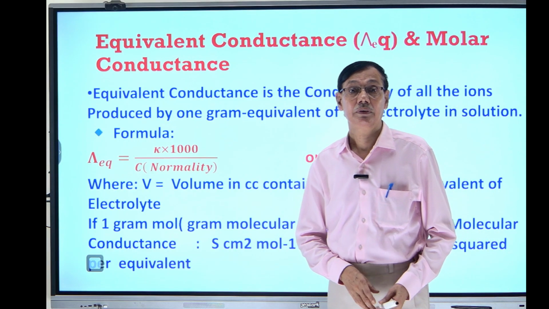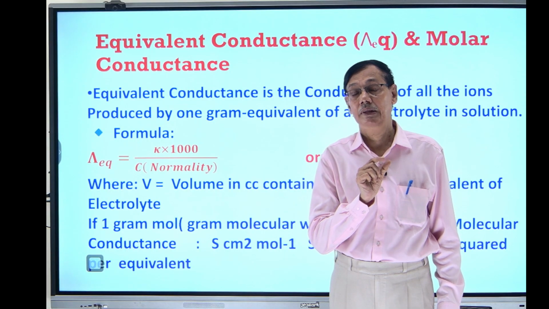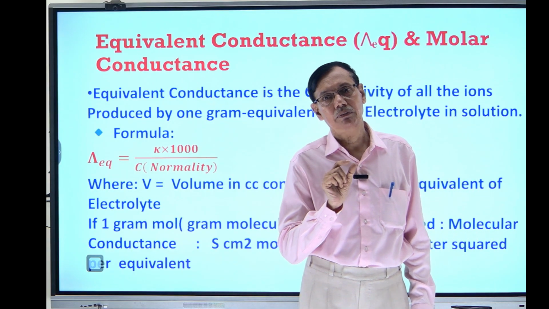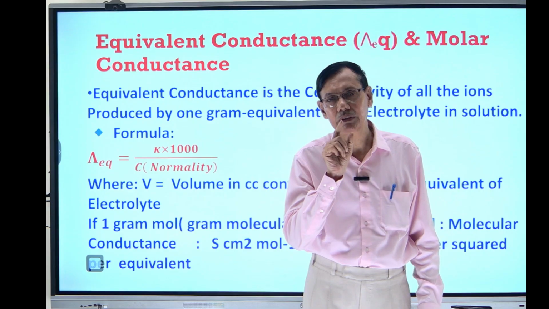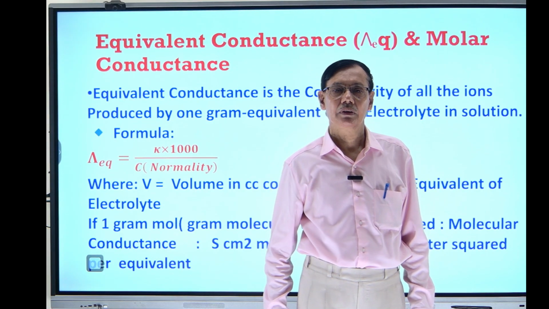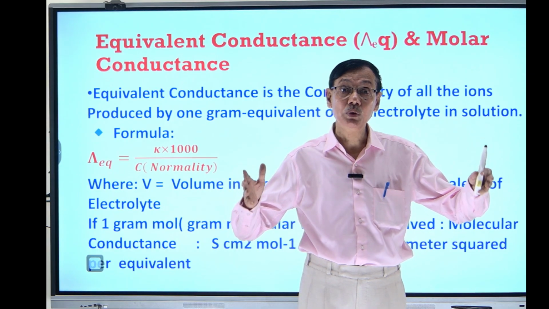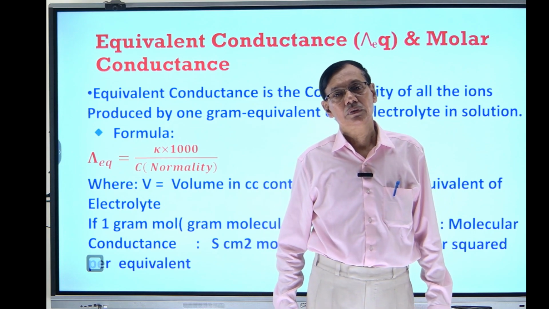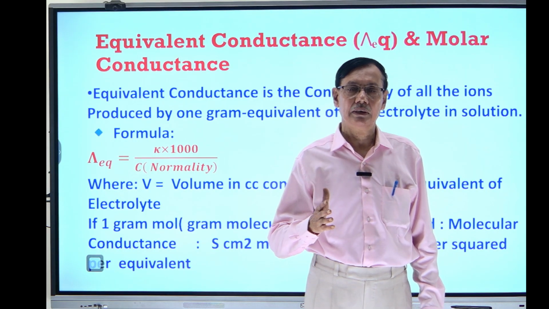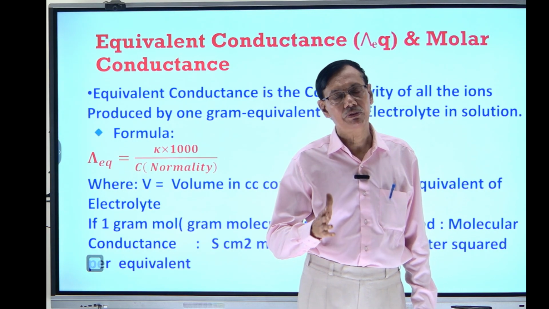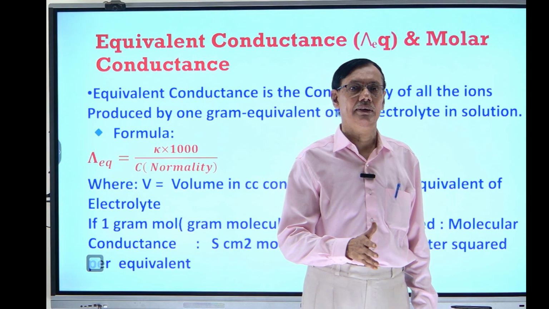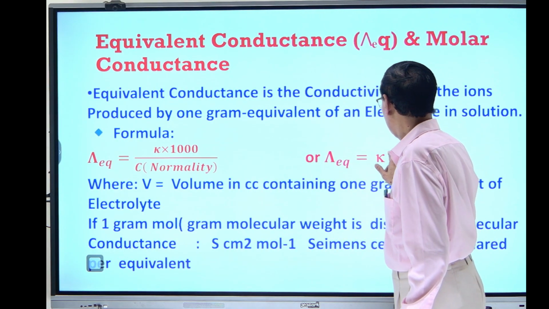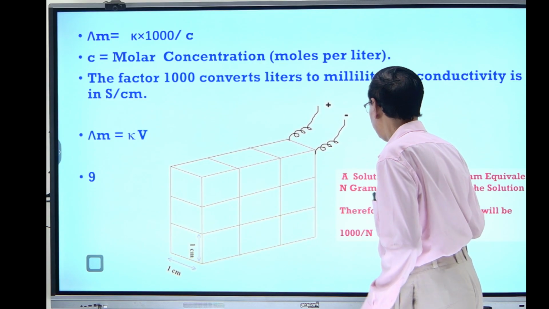So just consider that in place of observed or specific conductivity, there was only one 1 centimeter cube, and now imagine there are thousands of cubes. So naturally the formula of equivalent or molar conductance must be specific conductance multiplied by that volume.